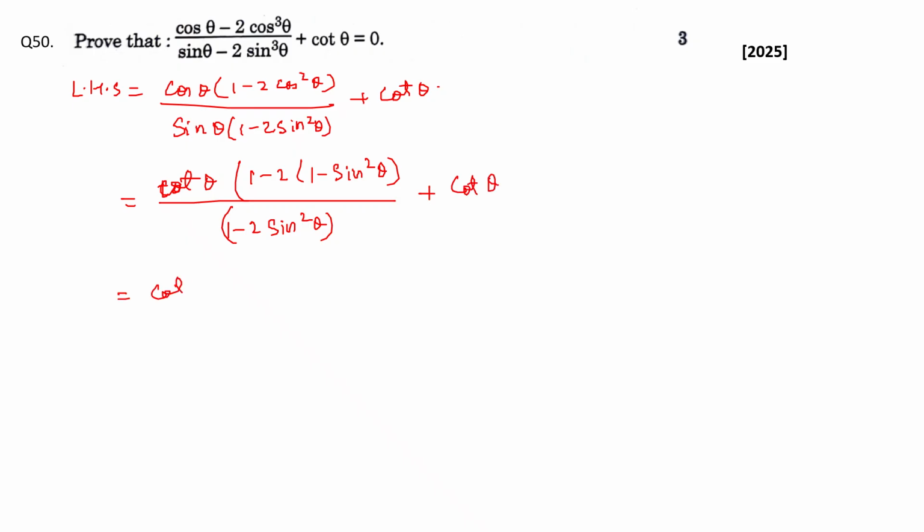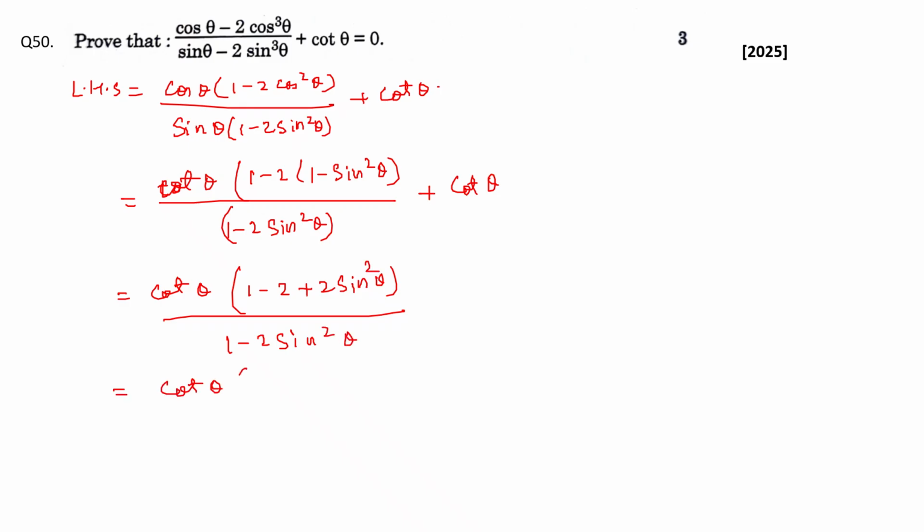So it is equal to cot theta times (1 minus 2 plus 2 sin square theta) divided by (1 minus 2 sin square theta), which is cot theta times (minus 1 plus 2 sin square theta) divided by (1 minus 2 sin square theta).